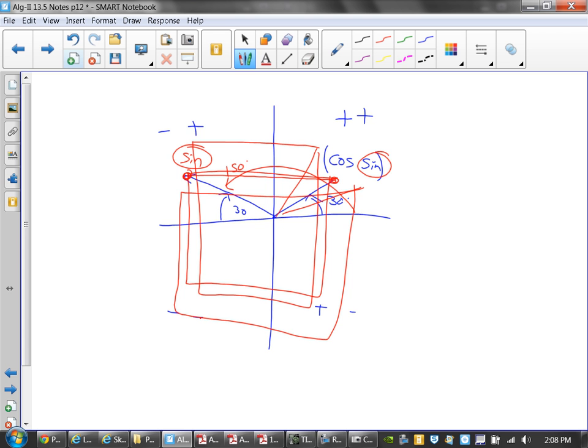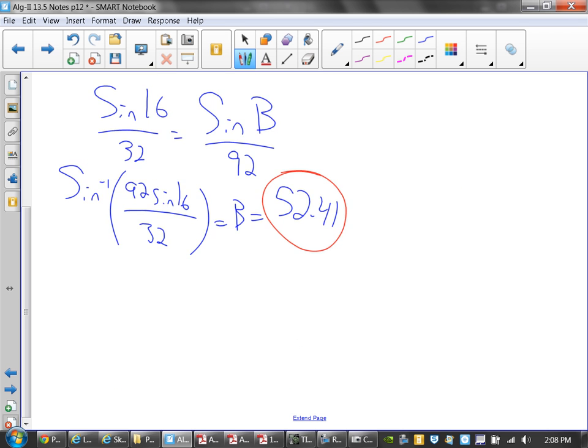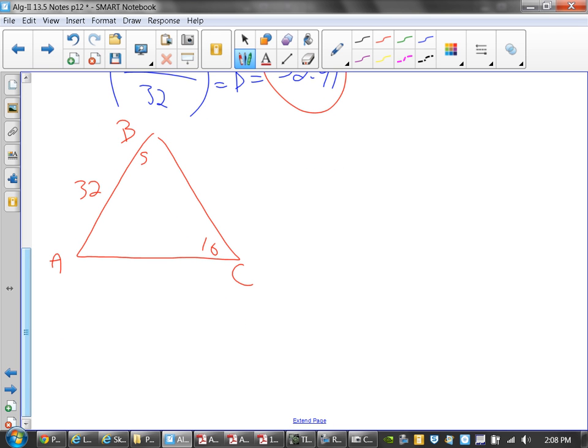So this is what happens here. You're finding that you have a triangle with A, B, and C. C was 16, wasn't it? 16, 32. This one at B is 52.41. But the other angle that also has the same exact sine value is 180 minus the 52.41.